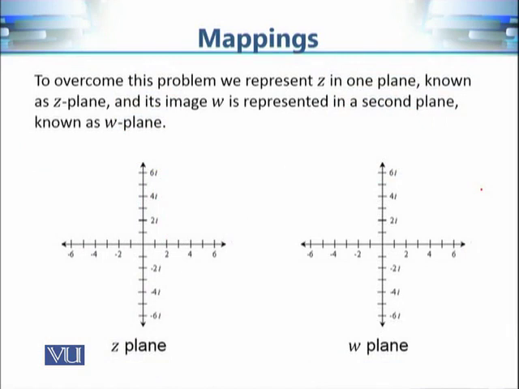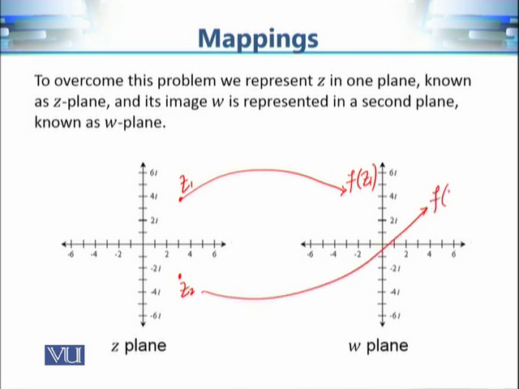So what is the solution to this problem? The solution is very simple. We take the input plane as the z plane and we take the output values in another plane. In other words, we take points from this plane and plot them in another complex plane, the w plane.